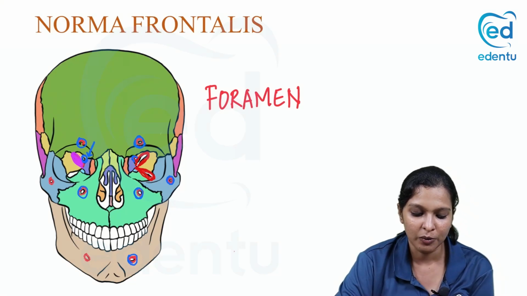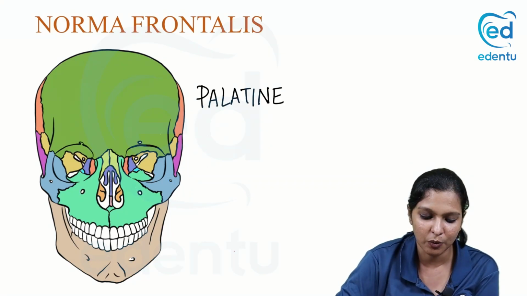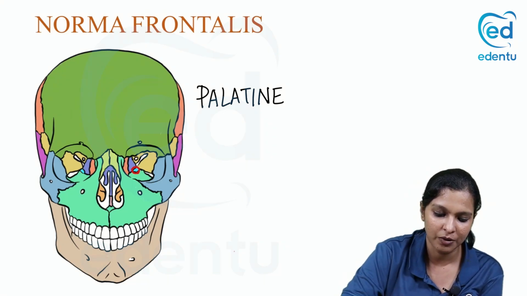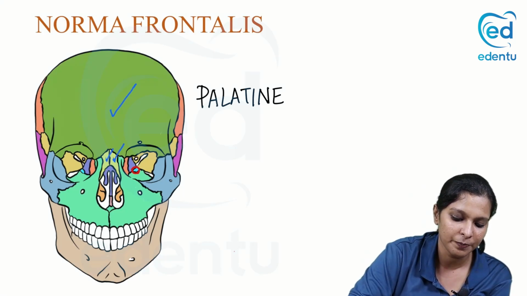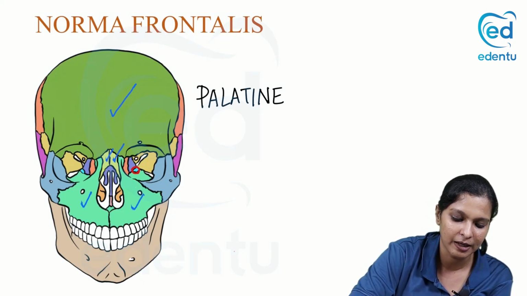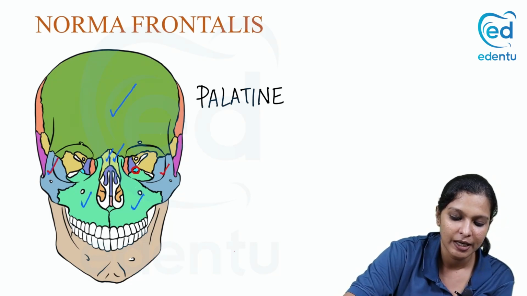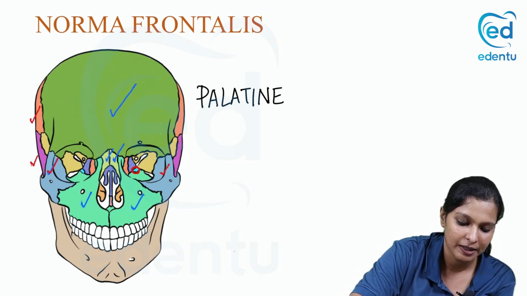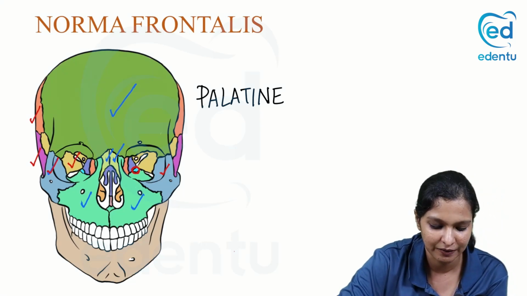Also, now we'll just review all the bones that are seen. What are all the bones? We started with the frontal bone. Then we had the two nasal bones. Then there's the maxilla. This is the zygomatic bone on either side. And this is the parietal, temporal. This is the sphenoid with its lesser and greater wing.